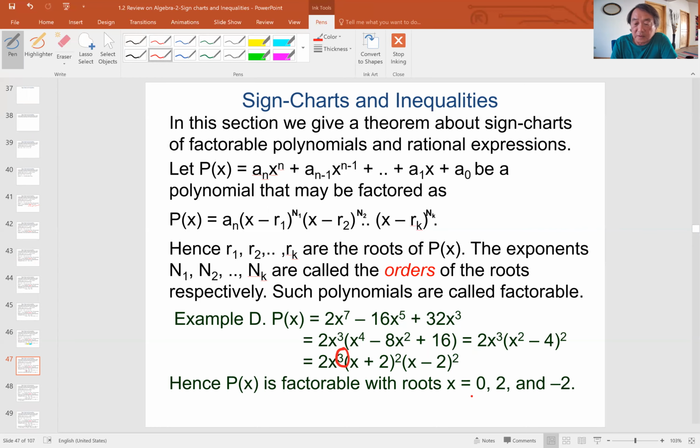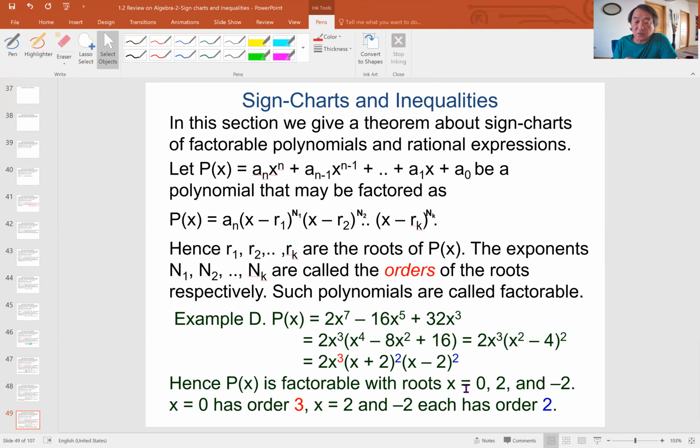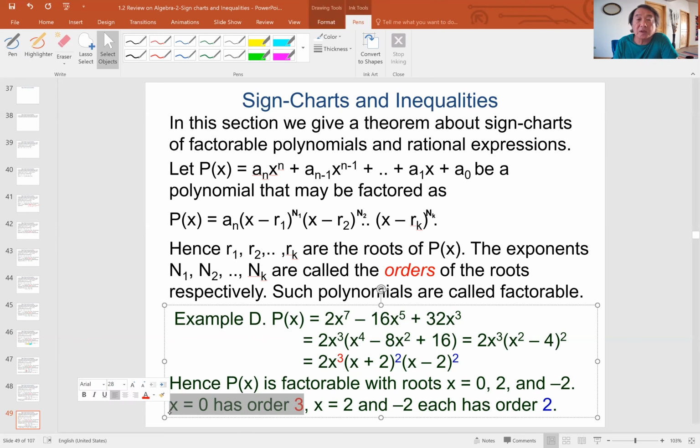So the order of 0 is 3. It's that power is the order. So 0 has order 3. The minus 2 is order 2. And the positive 2 has order 2. Now, what's important actually is whether the order is even or odd. In this case, 0 is an odd order root because it shows up 3 times. The 2 and minus 2 show up twice, so they are even order roots.